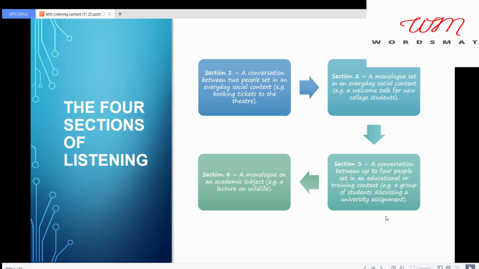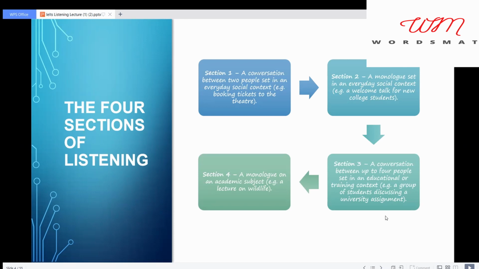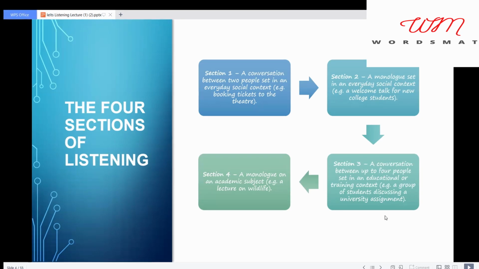Next we have section 2. In section 2, you will hear a monologue. Mono means a single person will be talking. So you will hear a monologue in an everyday social context, for example, a welcome talk for new college students.